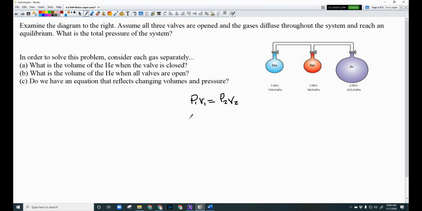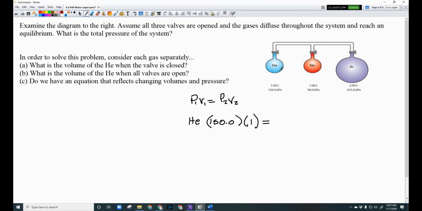So if we take helium, the pressure initially is 150.0 kPa, and the volume initially is 1. That's going to be equal to P2, what we're trying to find, times V2.